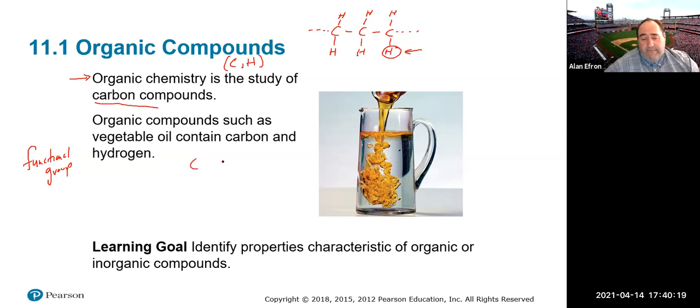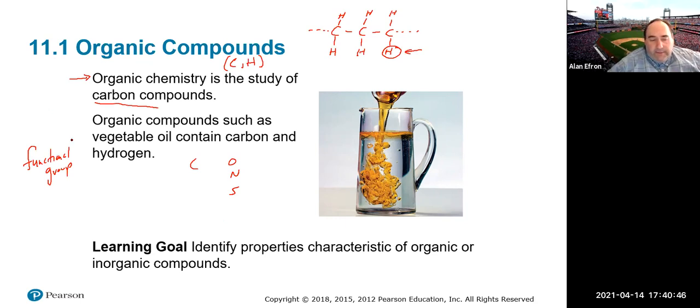Carbon can also get into some oxygen binding, nitrogen binding, sometimes by replacing some of the hydrogens. Sulfur we will also see some, and so forth. So depending on what comes in place of that carbon-hydrogen bond, that determines the type of organic compound we are looking at.